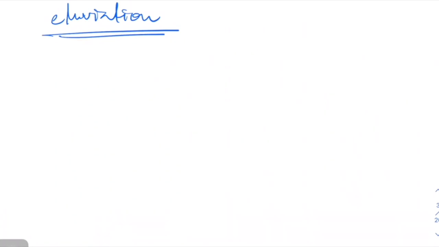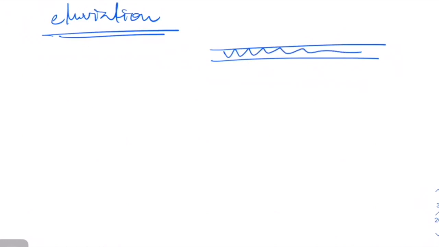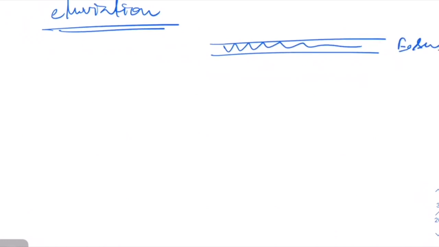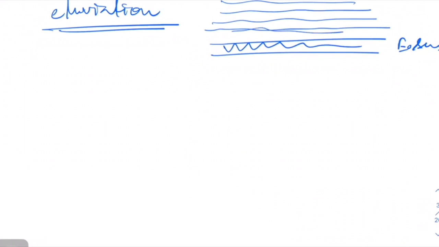What happens is, on the earth's surface, suppose this is the surface of the earth, and there is a water body or some rainfall, anything. All this liquid, fluid will get absorbed by the earth, right? So this will start percolating inside the earth, right? This is how things happen.